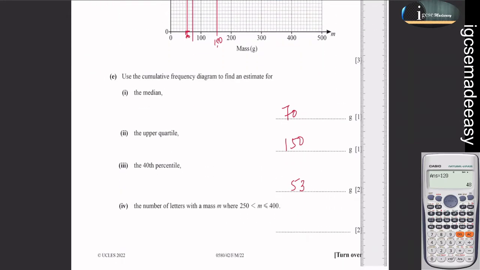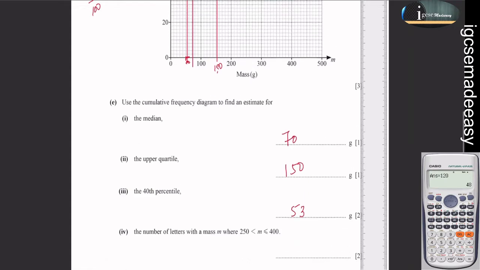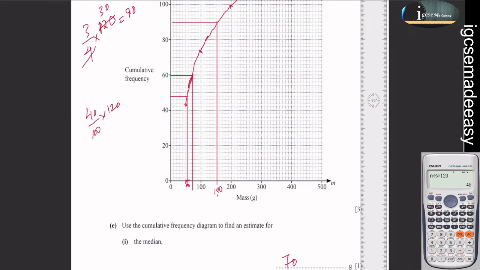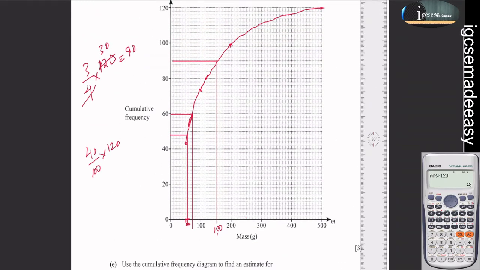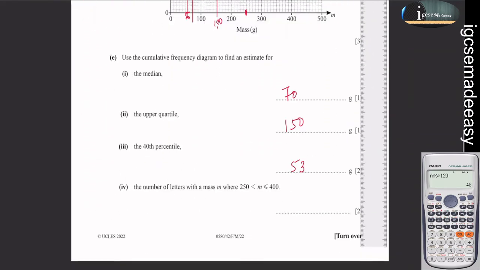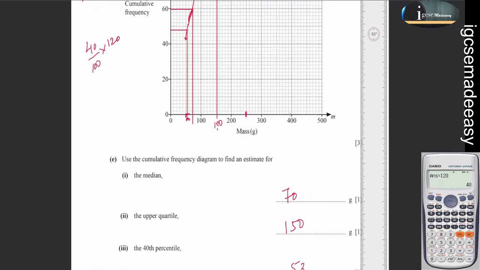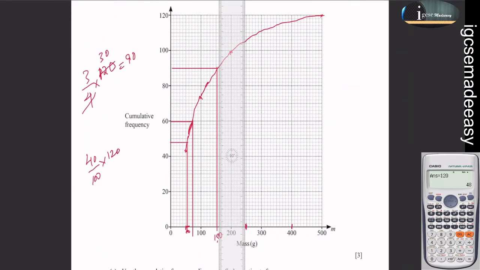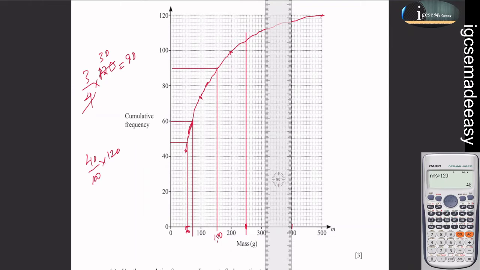Okay, then the number of letters with mass m where m is greater than 250 and less than 400. This is 250, and greater than 250 we have to find, and less than what? Less than 400, this is 400. So we have to draw these two lines. Let's draw this line till here, and this line, actually I have drawn a little bit more than that.